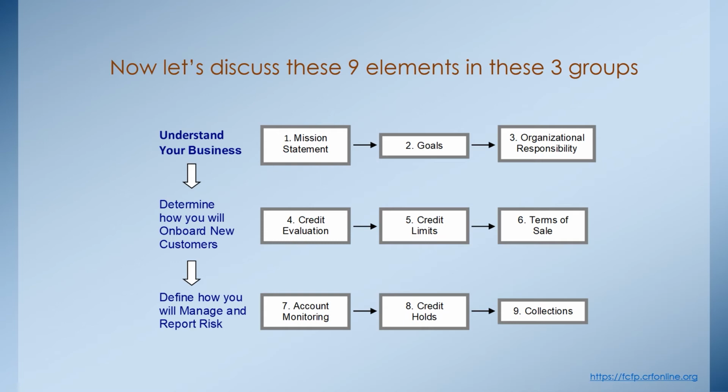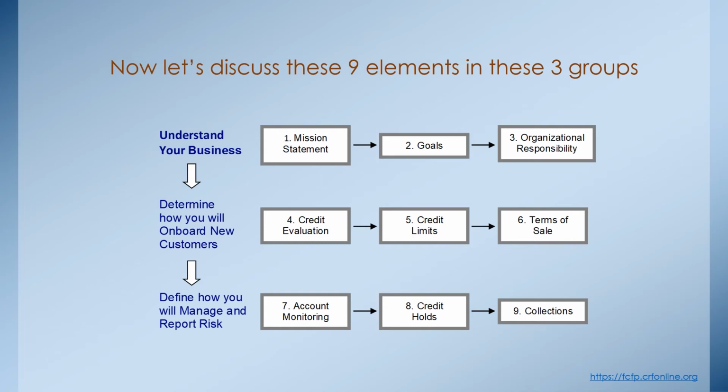The next section is goals. These goals should then map back to your mission statement for your credit department. Here's where you want to define in some objective way what objectives or goals you're going to have to support the mission statement.